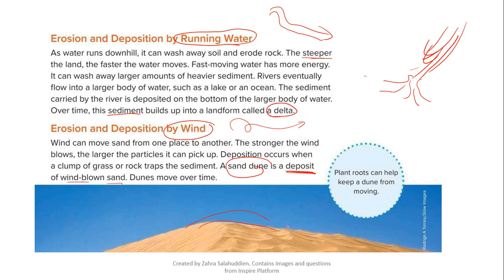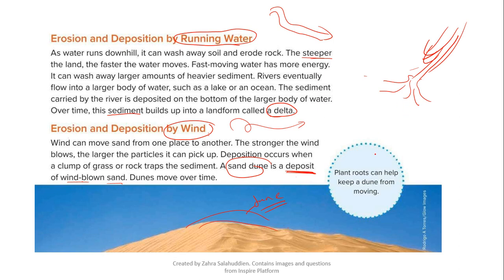So the sand dune itself was made by deposition. The wind moved the sand to make it. So wind moved the sand, and the dune itself is formed from deposition. So deposition makes the dune.